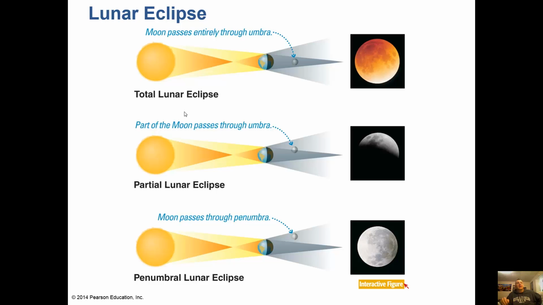The sky gets red. There's still light coming through the Earth because we have an atmosphere. And that atmosphere bends that starlight and makes it longer in wavelength, which means it gets redder in color. And that red hue gets cast onto the full moon. A lunar eclipse only happens during a full moon.